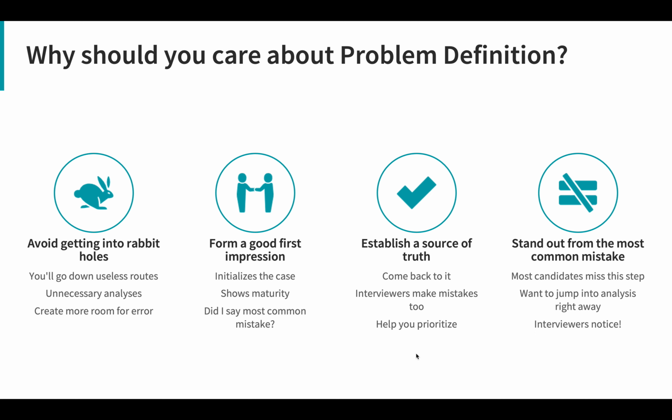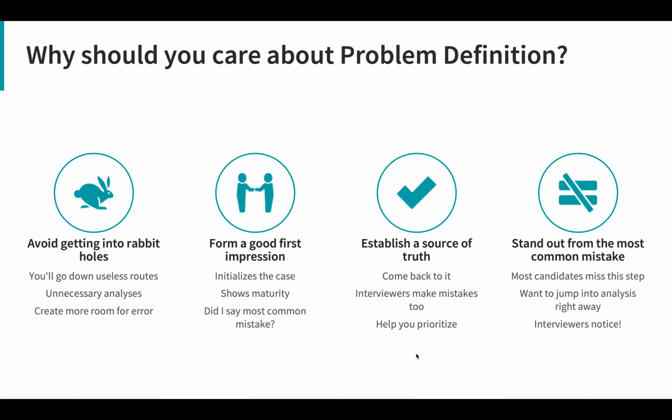The third thing is when you define a problem very well, you've established a source of truth to go back to when you end up in like a ton of different interdependencies and analyses and all that kind of stuff.